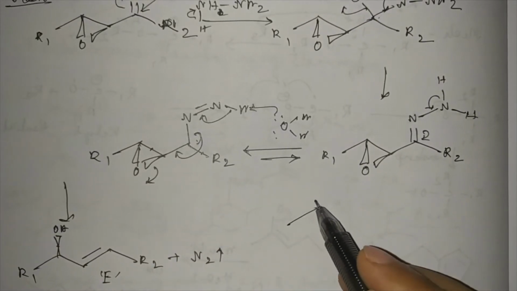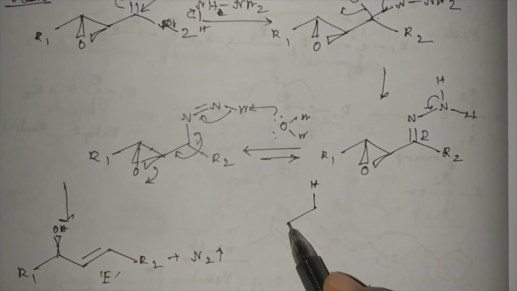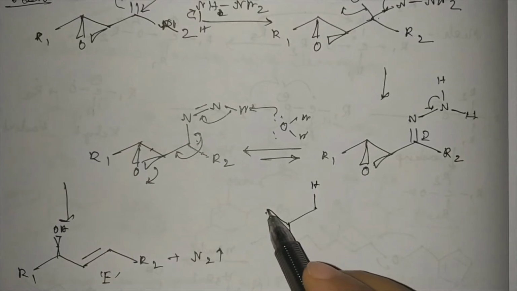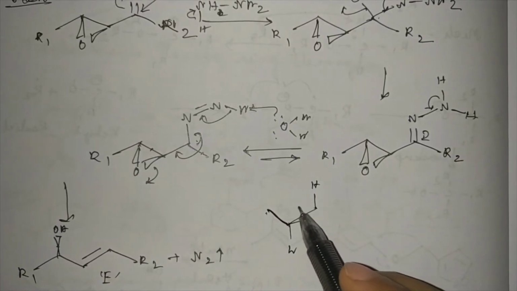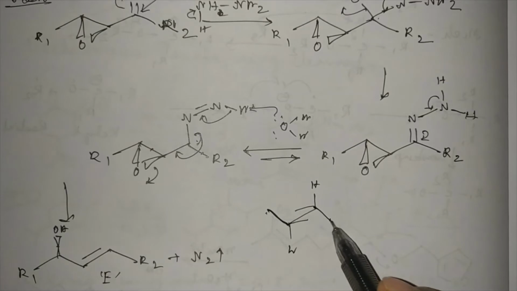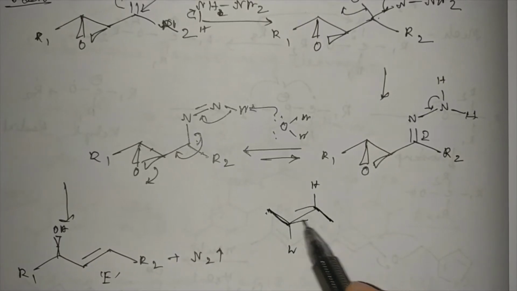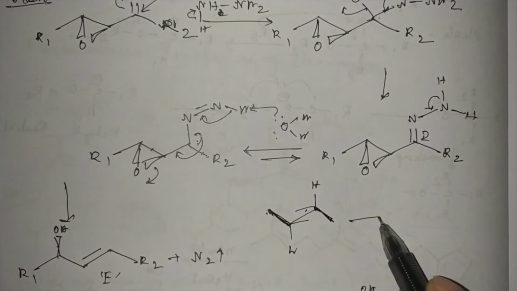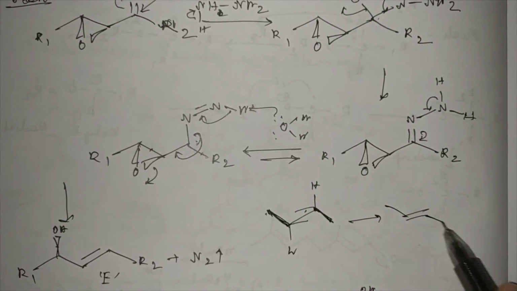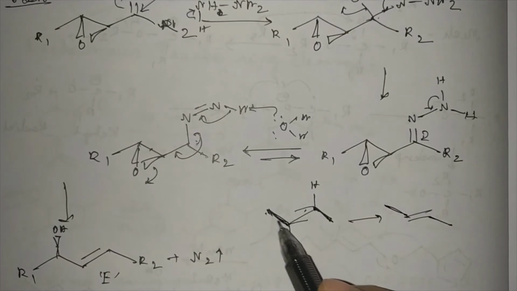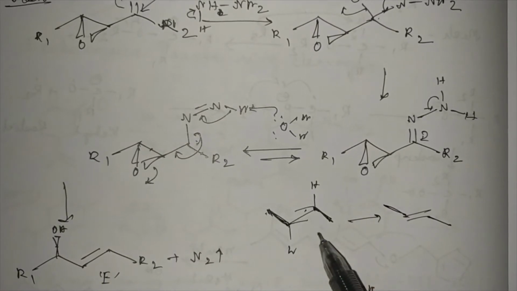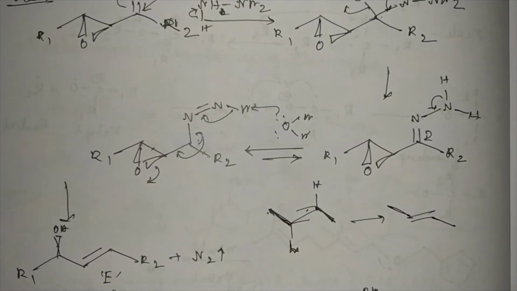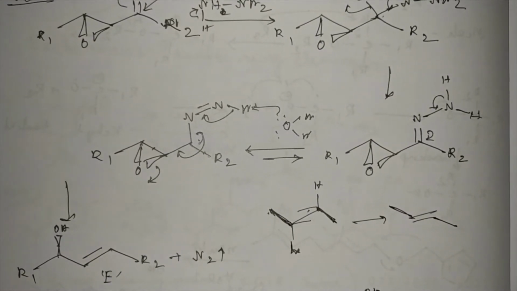So let's say this is hydrogen, this is the leaving group, and here two groups always remain farther apart, so that the product will have greater stability and the transition state as well will have greater stability. So the E alkene will be formed as a major product.